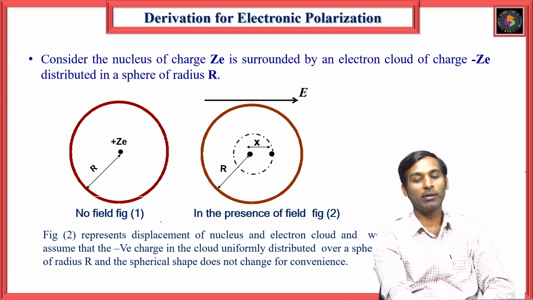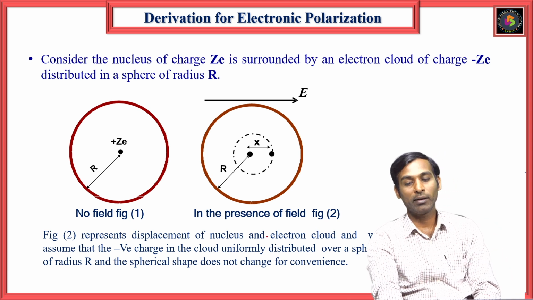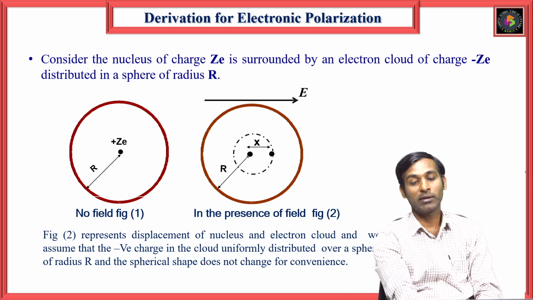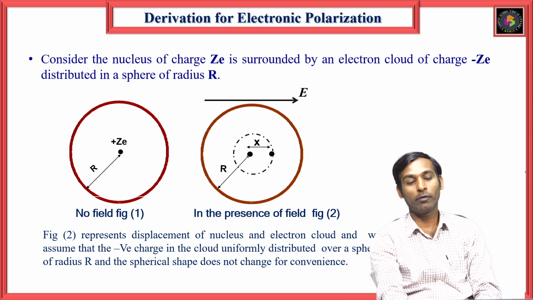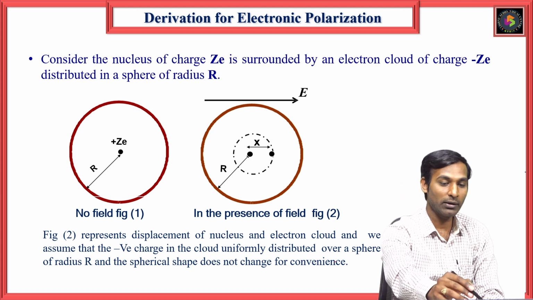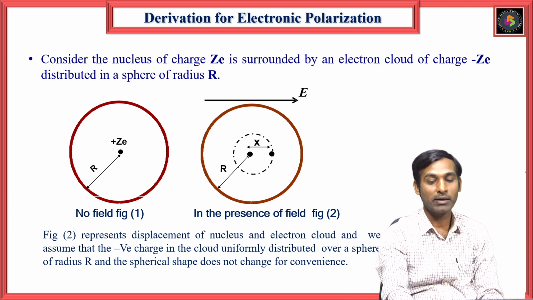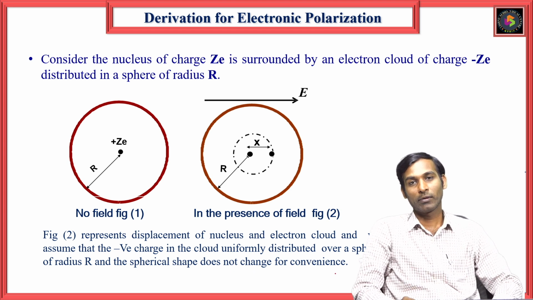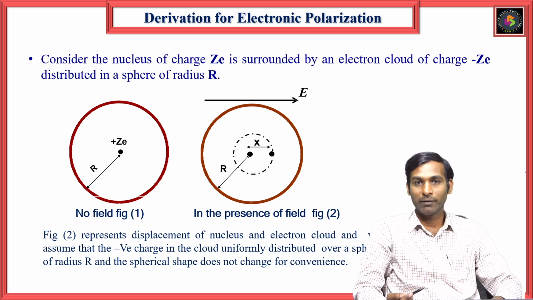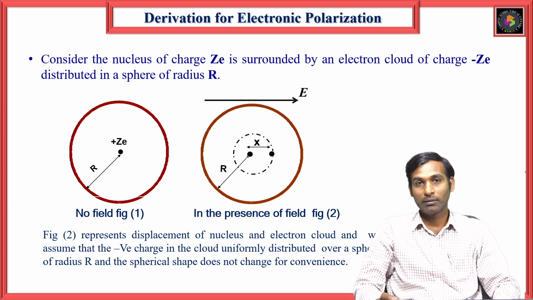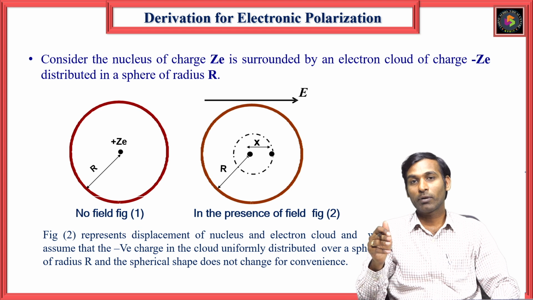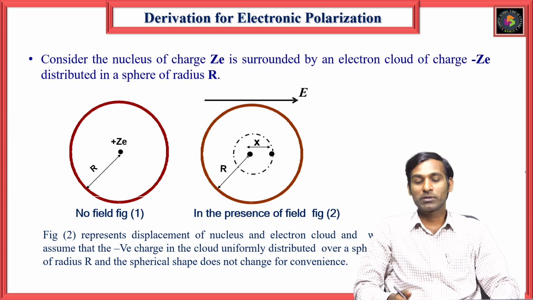Figure 2 represents the displacement of the nucleus and electron cloud. We assume that the negative charge in the cloud is uniformly distributed over a sphere of radius r, and the spherical shape does not change, for convenience. It is slightly displaced. In the previous diagram also, we can see the equilibrium position and how the atom is shifted from the original position.